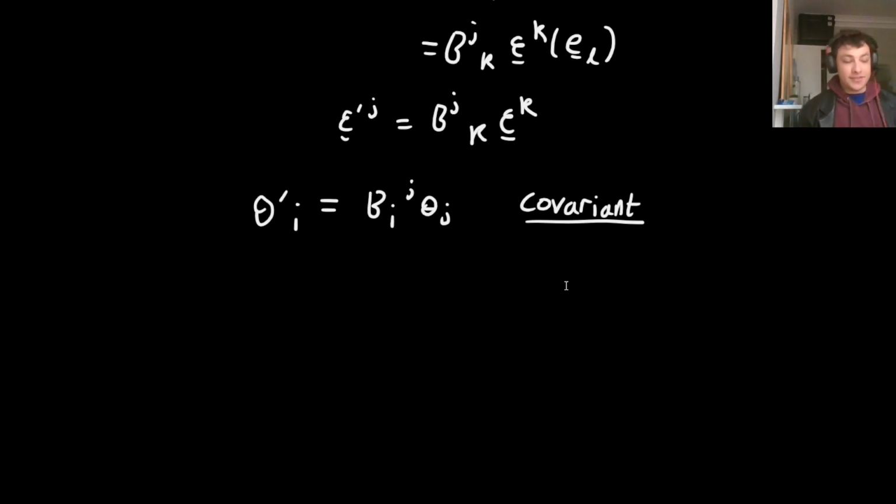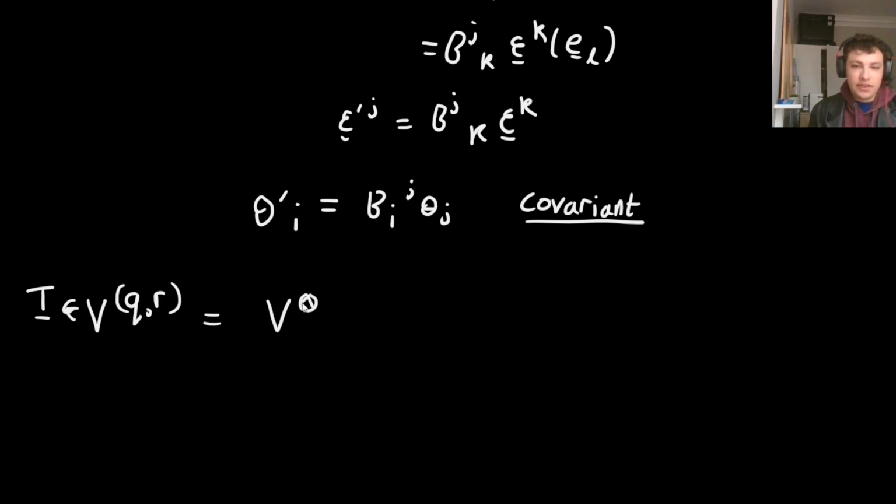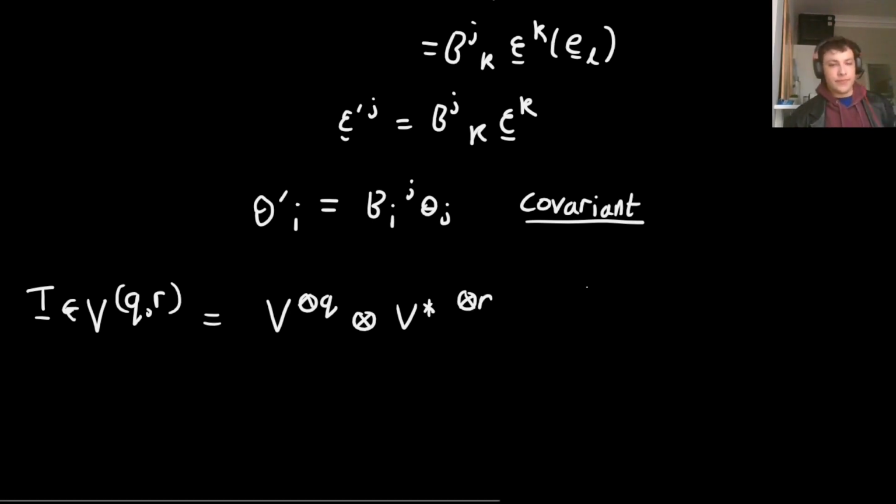anyway, the point is, let's say that T is a type (Q, R) tensor. So we're going to V^{Q} tensored, that's V, Q times over, with V star, R times over.